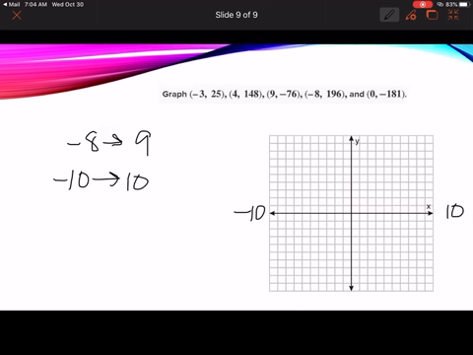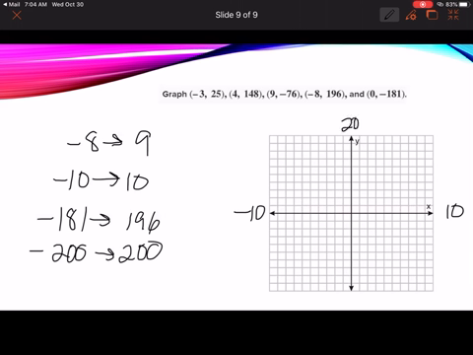So I go from negative 181 to 196. So this looks like we would go from negative 200 to 200. Which means every line there is going to be 20.